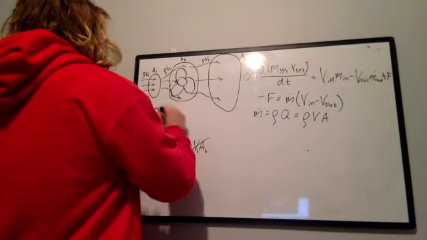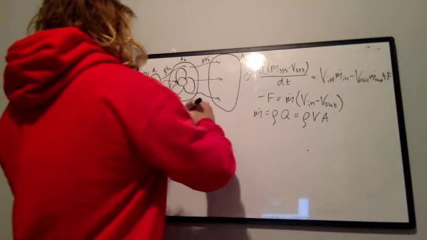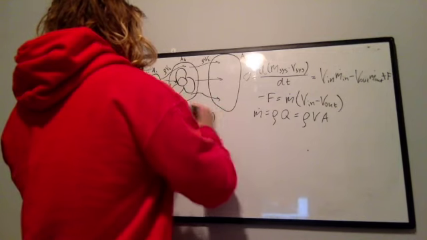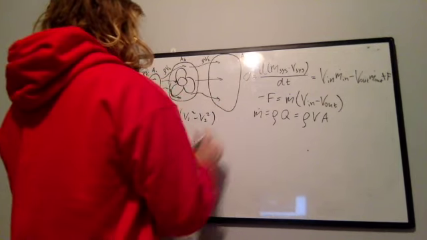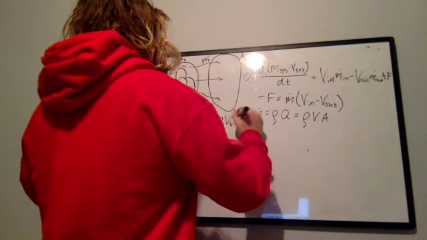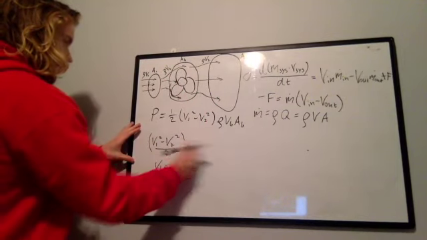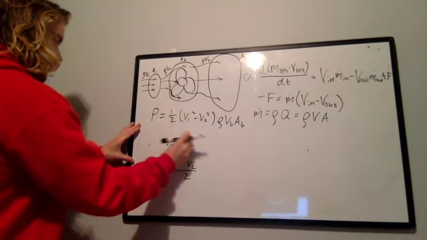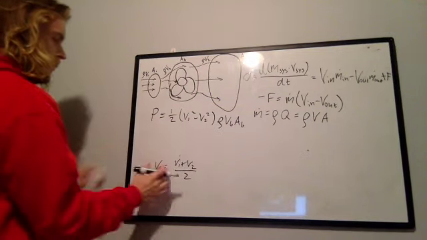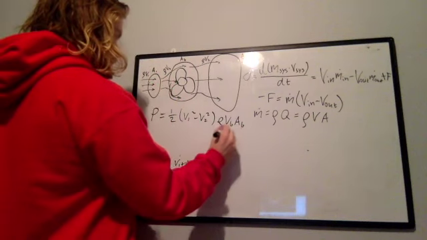So power equals 1/2 V1 squared minus V2 squared, and then multiplied by our mass flow rate. Density times VB AB. All right, and then what we are going to do is substitute in this expression right here, VB, and over here. So this is going to be coming in right there.